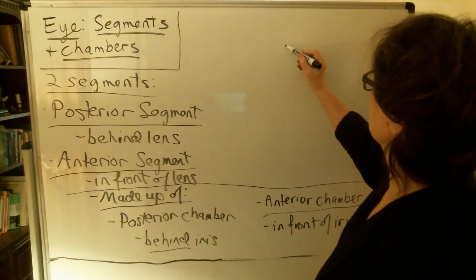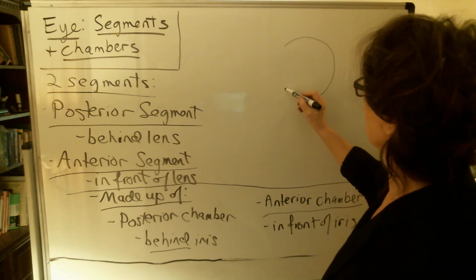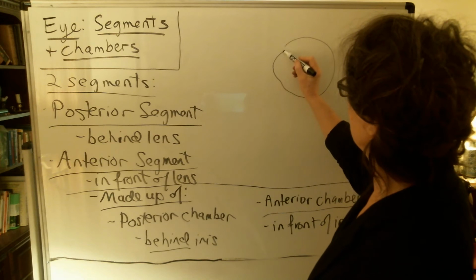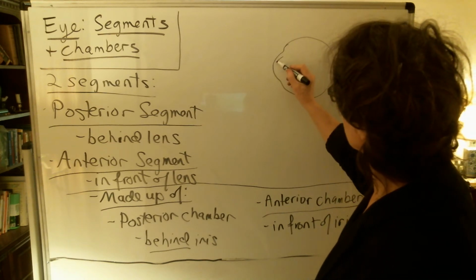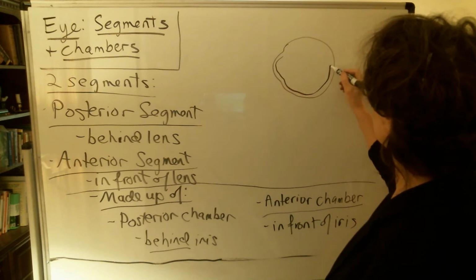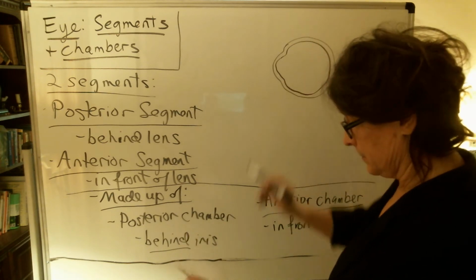You know how this is going to look now. Here we have the eye, the cornea bulging out a bit at the front. So there we are. And here we have the fibrous tunic. You know about that.